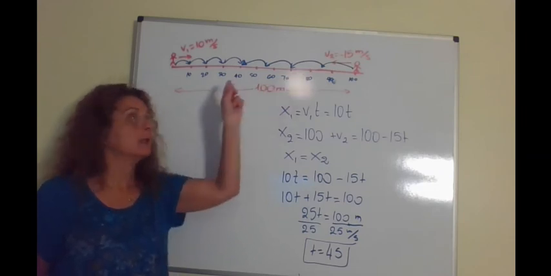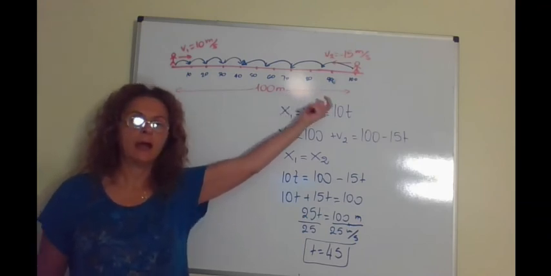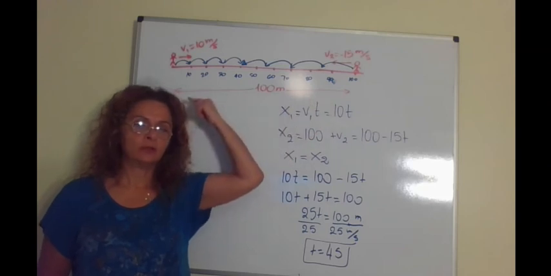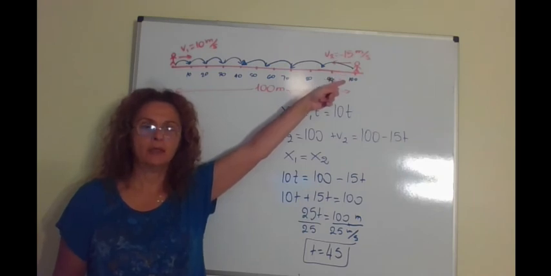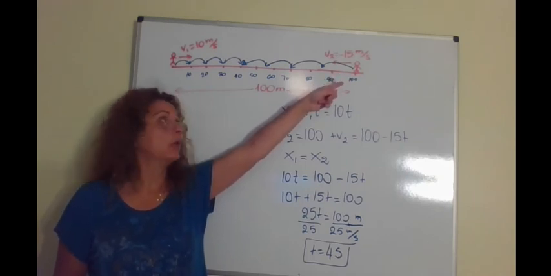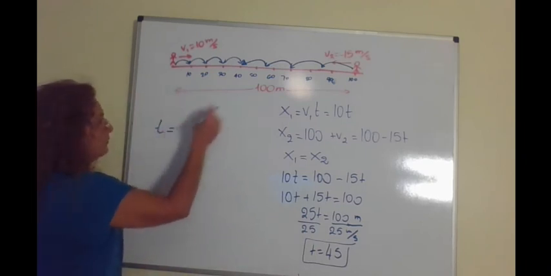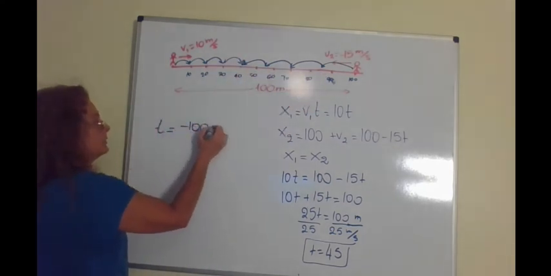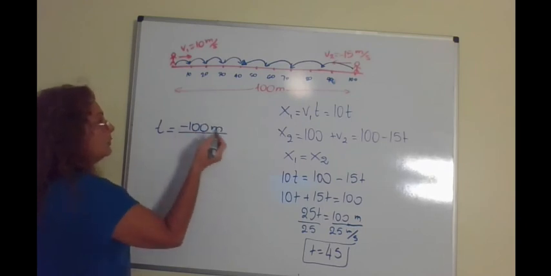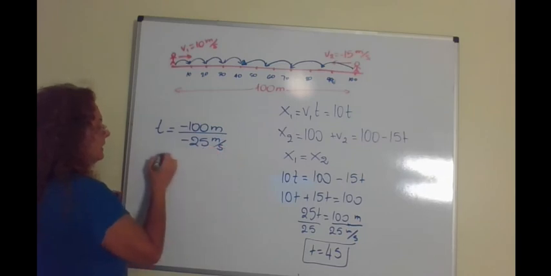So actually these 100 meters are happening in that direction. So this person will have a displacement of negative 100 meters with a velocity of negative 25. So the time for him to cover the distance of negative 100 meters with his new relative velocity of negative 25 meters per second is 4 seconds.